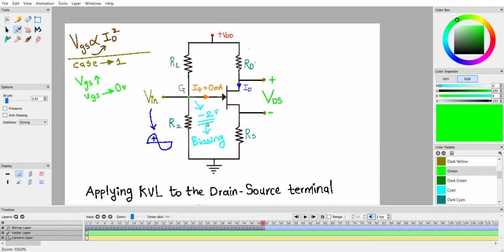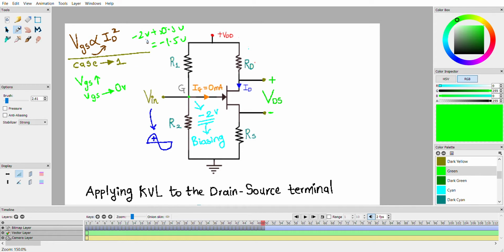Because if it is -2 volts and I add, let's say, 0.5 volts, so -2 volts plus 0.5 volts, the answer would be -1.5 volts. So it is tending towards 0.